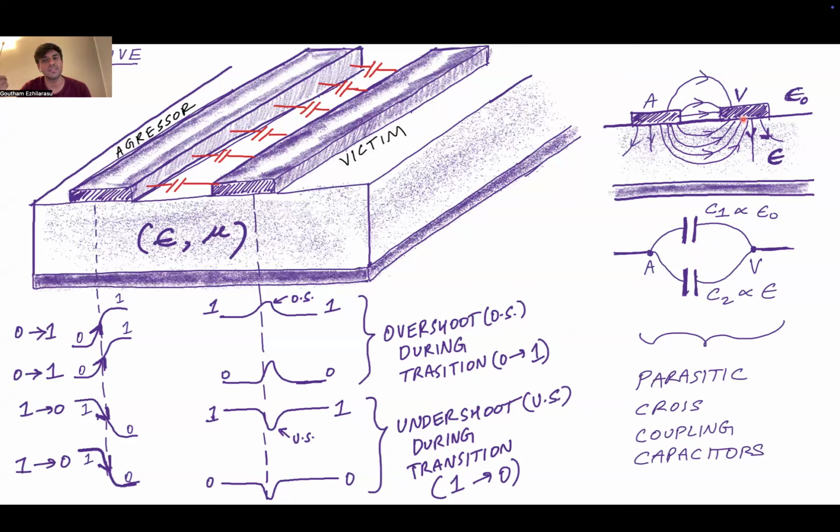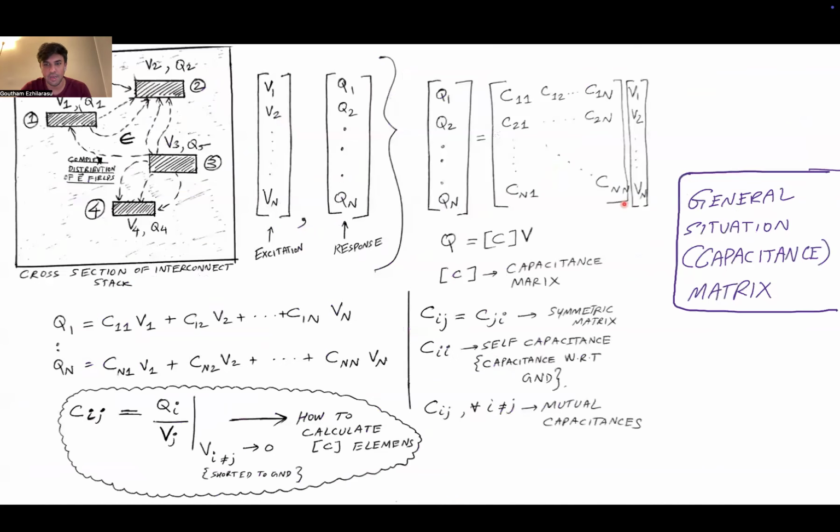And because the capacitance between the aggressor and victim is going up with frequency, you find that the high frequency components of the digital signal are going to couple more to the victim. So that's why the victim to aggressor coupling is also going to be frequency dependent. And typically, high frequency noise tends to couple much more from the aggressor to the victim. And that's basically what I talked about here.